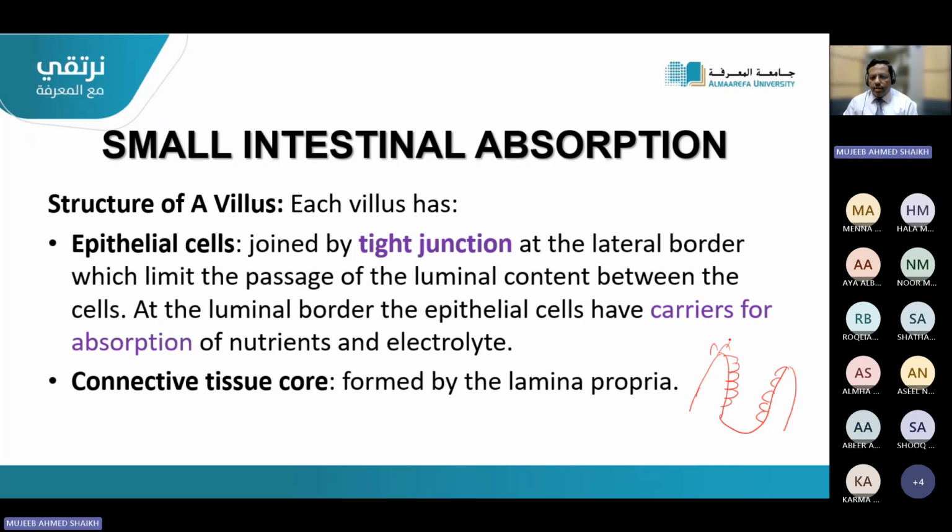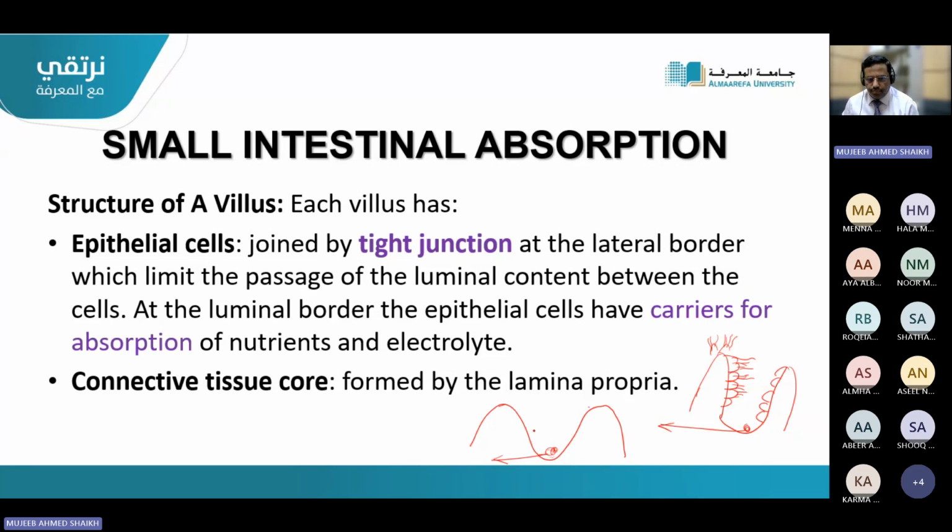Over the epithelial cells, there are fibers which are microvilli, and they make the brush border like this. You can say these are two mountains, and the area between these two mountains is the crypt.